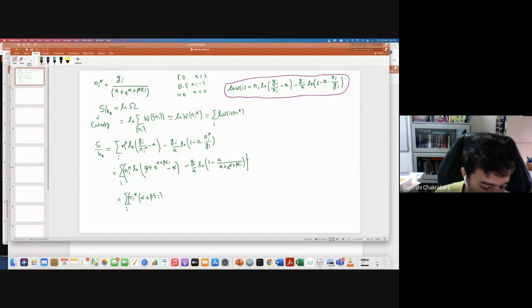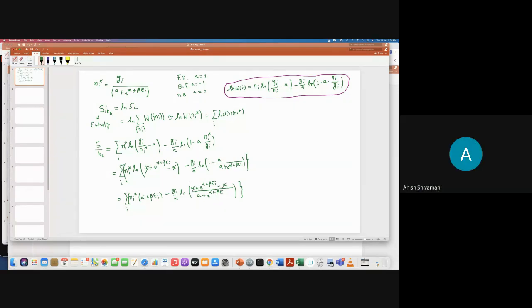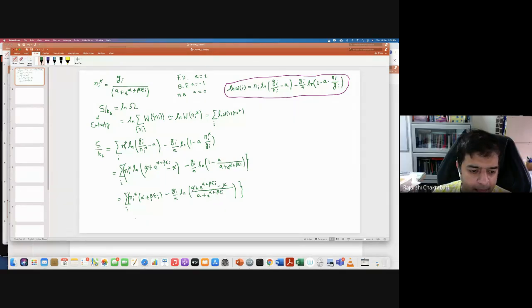What about the next term? Now let us see what is the next term. Next term is you have minus gi by a ln. So you do this. This will give me, this is fine. Again, these things will cancel, isn't it? And the next, I can write it as follows.